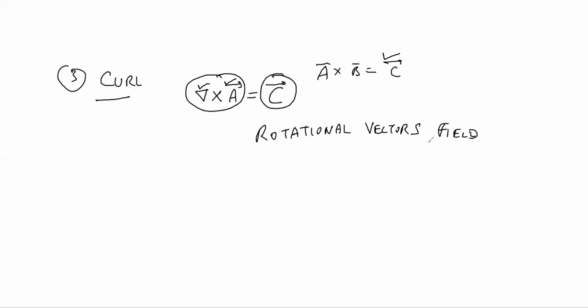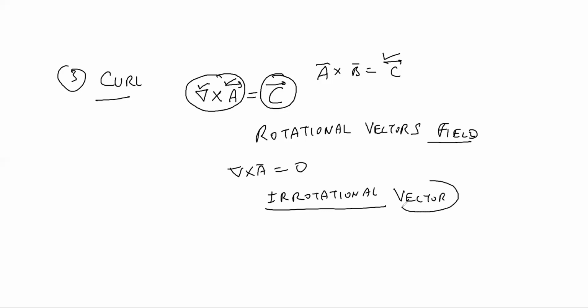If del cross A equals 0, then that is known as irrotational vector.